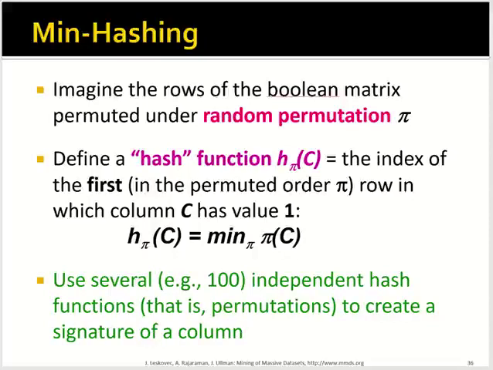So this hash function can be represented as h_pi(C) equals min pi(C). The min means the first row where column C has the value 1, the first appearance meaning the row number is minimal. That is where the min comes from. In this case, we can use several independent hash functions to create a signature of a column.